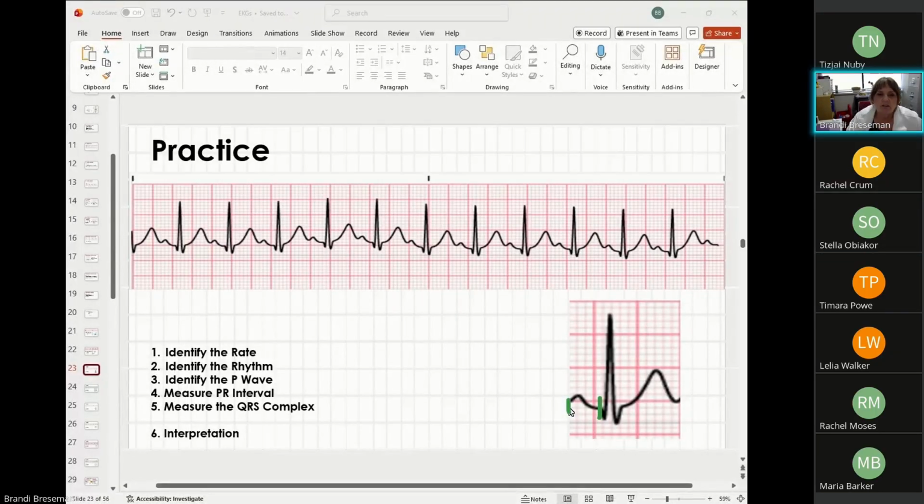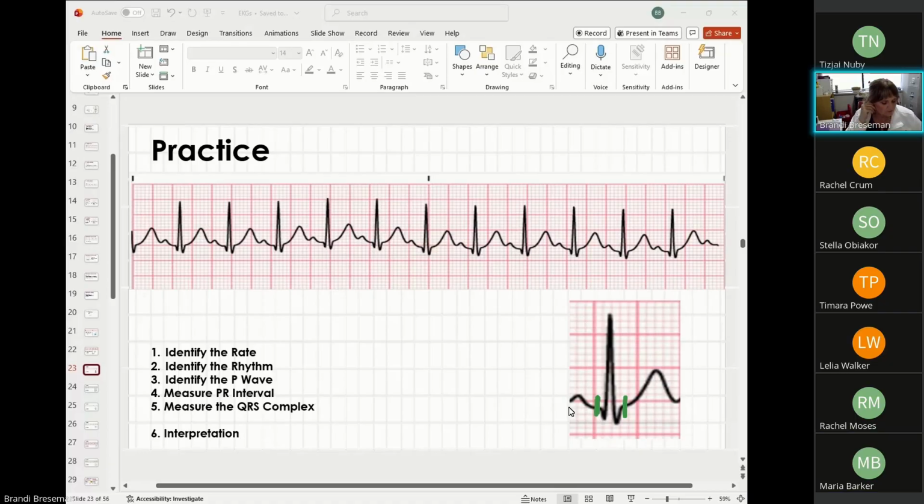What's our QRS complex now? Let's look at that. Erase these. If we are looking at our QRS complex, it's going to start right about in here, and then it's going to end over here. How many squares do we have in there? I can't tell if it's 3 or 4. They're saying 3.